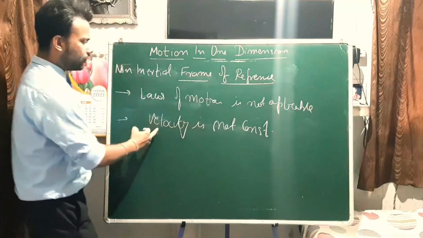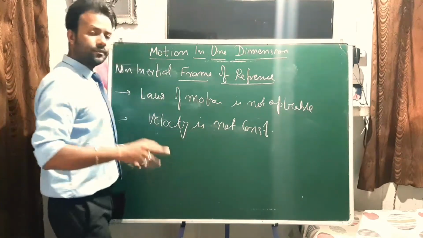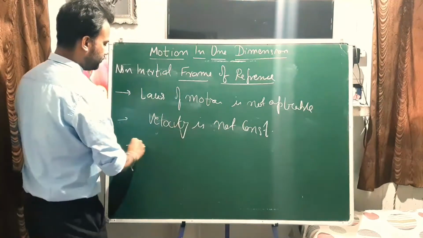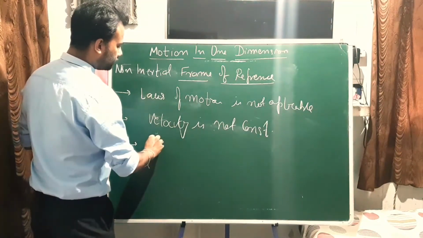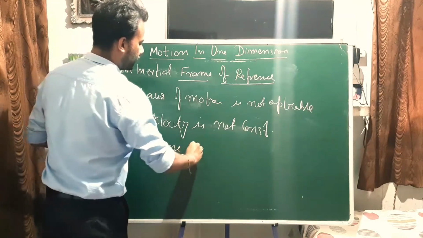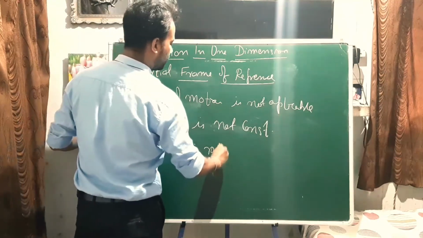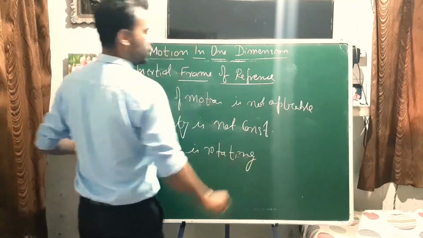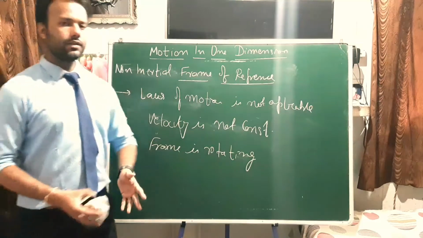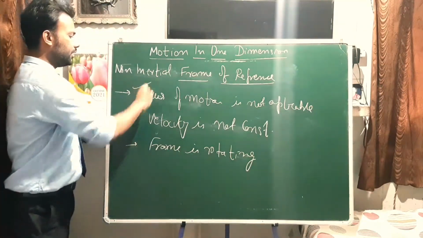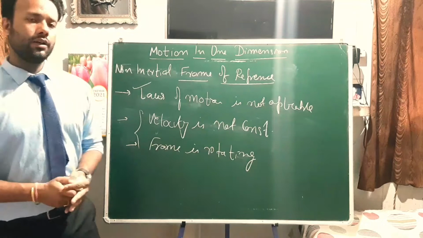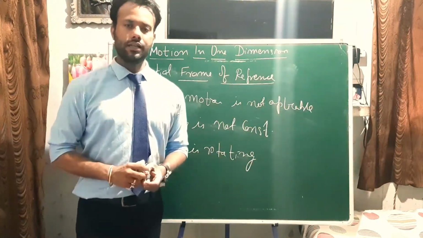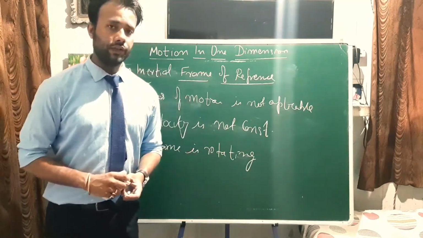So when we say velocity is not constant, this case is already included here, right? I am writing in the next case also that the frame is rotating. So if any of these two conditions holds for the frame of reference, it is considered as a non-inertial frame of reference.